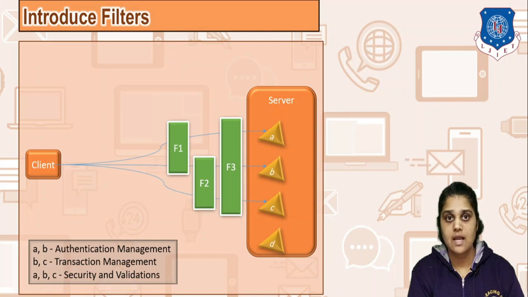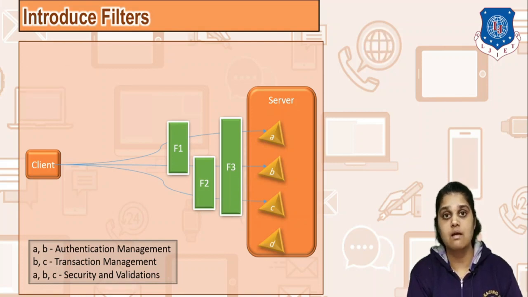So it is a kind of hiding. They don't know who is there after them, but they are relaying requests. So it is a kind of security. And the client also doesn't know that he is passing through all these filters in order to get the servlet. So it gives you a lot of security.